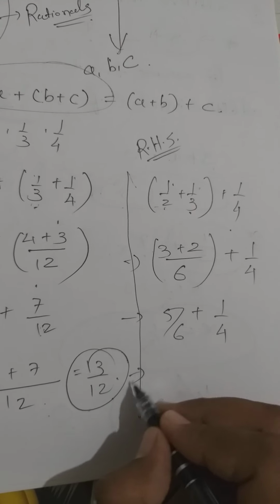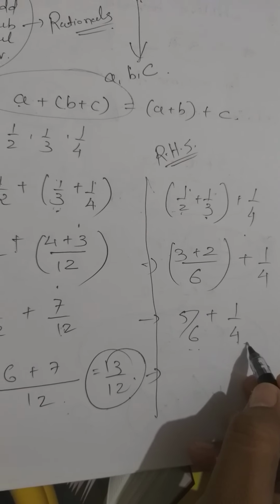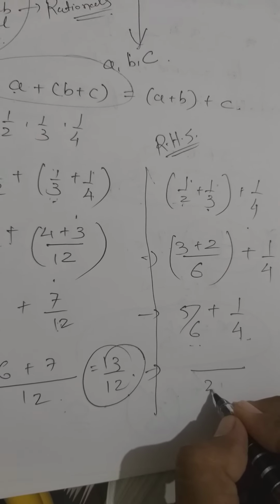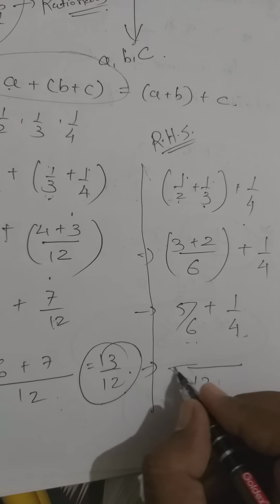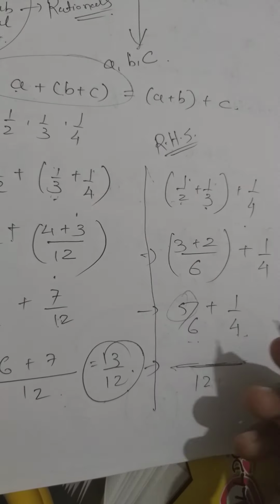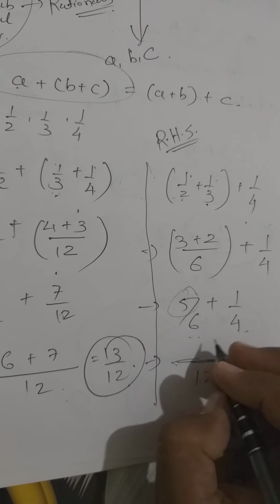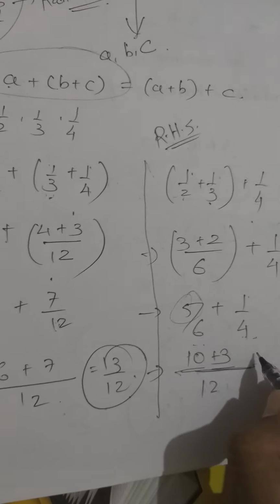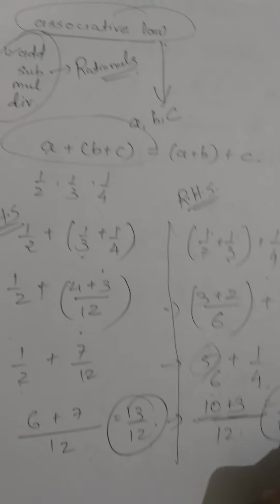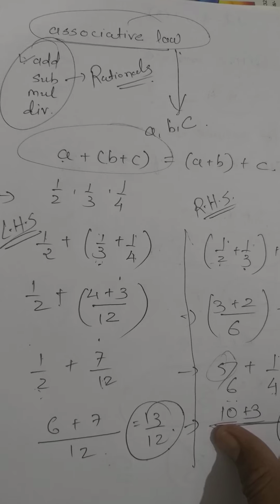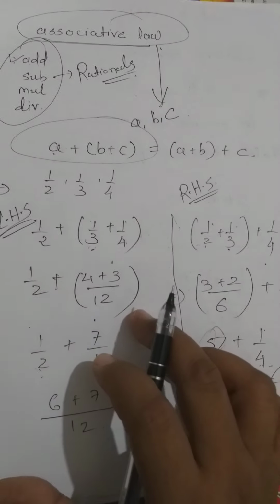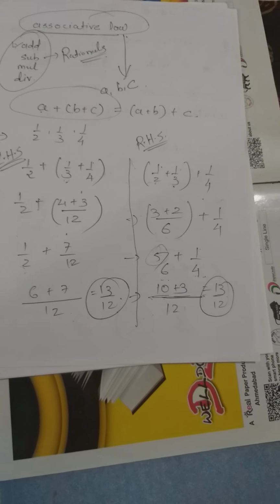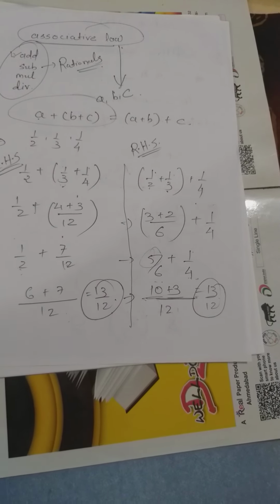Now the LCM of 6 and 4, the common number which comes in both tables is 12. I'm sorry, 6 2s are 12 and 4 3s are 12. Then I'll multiply 5 by 2 because 6 2s are 12, then 5 2s are 10. And multiply 1 by 3 because 4 3s are 12. Then 10 plus 3, 13 by 12. So the associative law for addition is applicable for rational numbers. In short, I can say that rational numbers follow the associative law for addition.